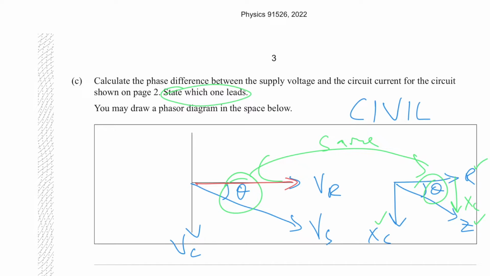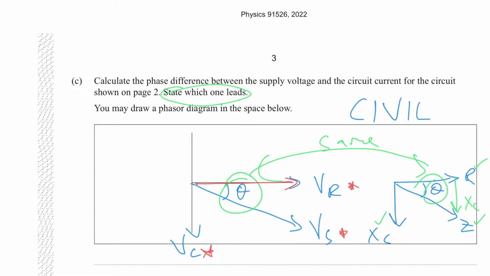So we can work out the magnitude of the current with any of these relationships. V equals I times R, VR equals I times R, VS equals I times Z, and VC equals I times XC.